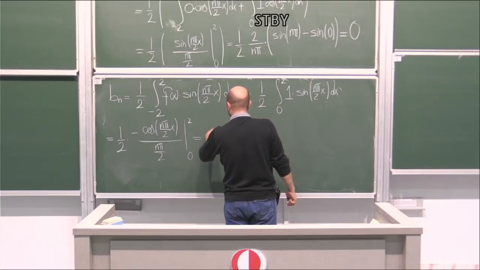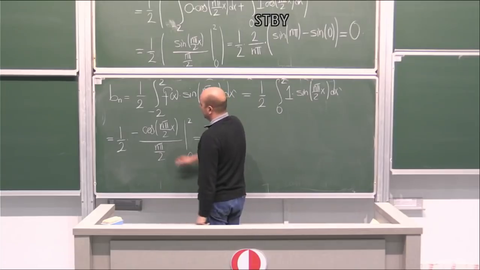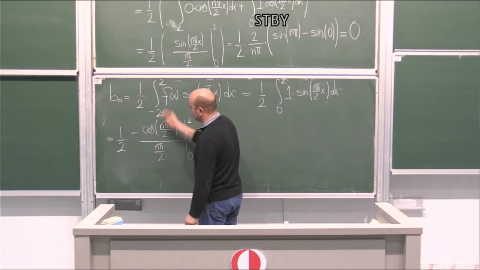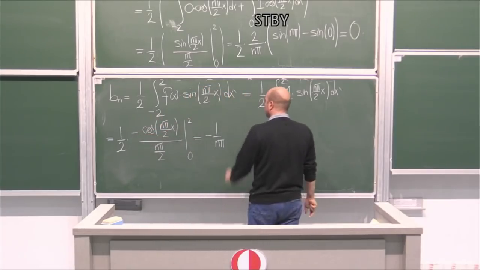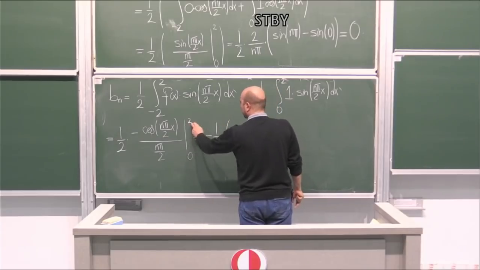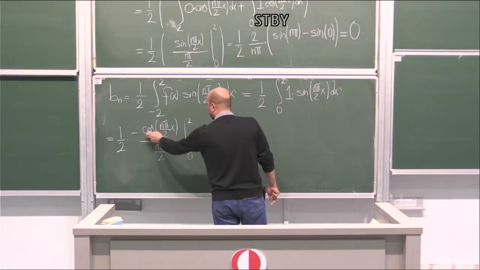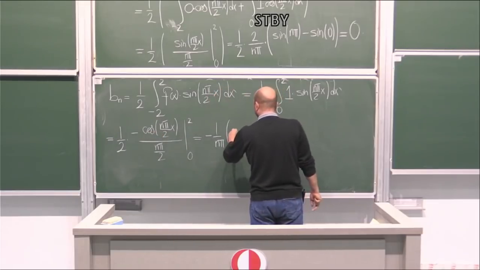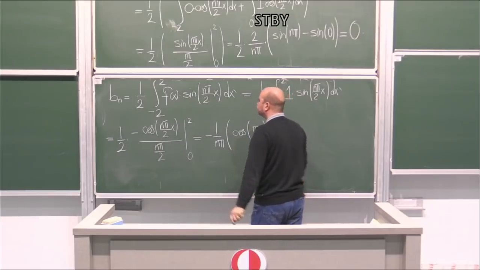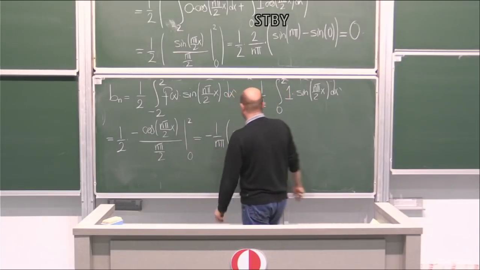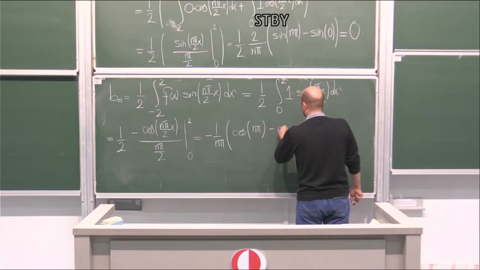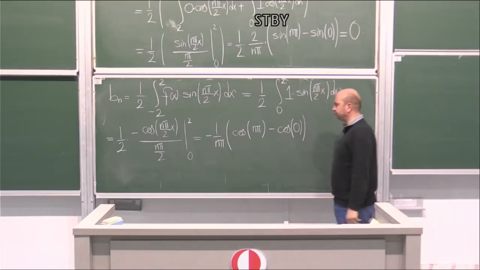We have now minus 1 over n pi. Flip 2 over n pi, the 2 cancels. We have 1 over n pi. Inside, if you plug in, I took the negative out already, so we have cosine n pi minus cosine 0. This is what we have.